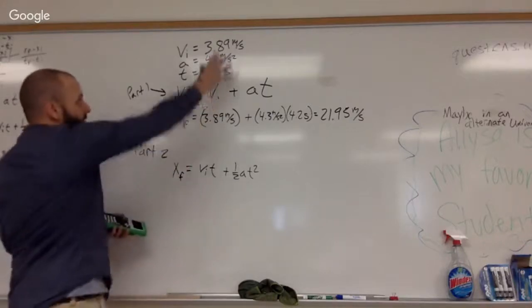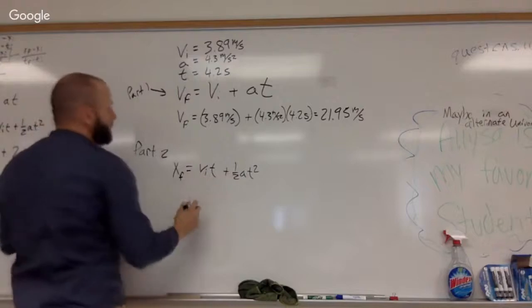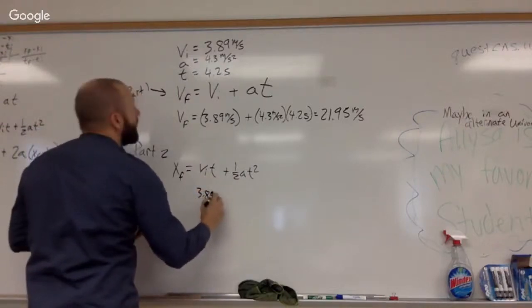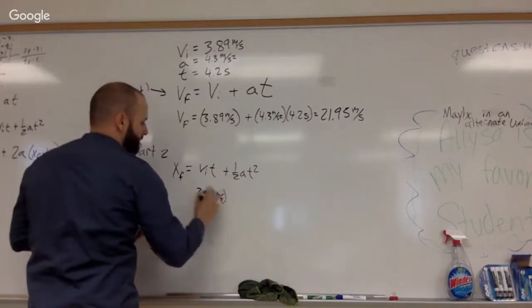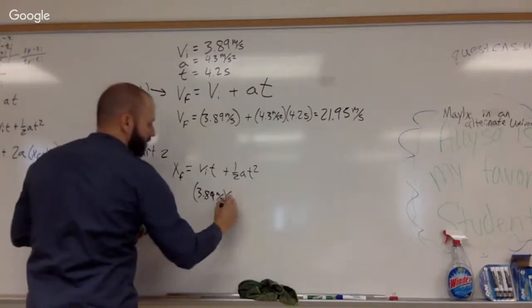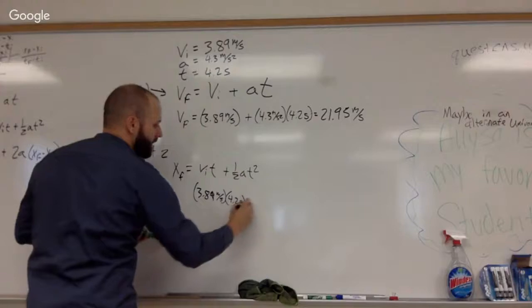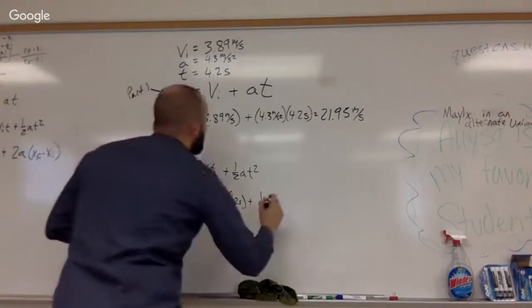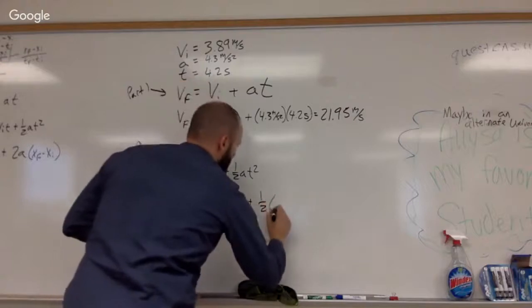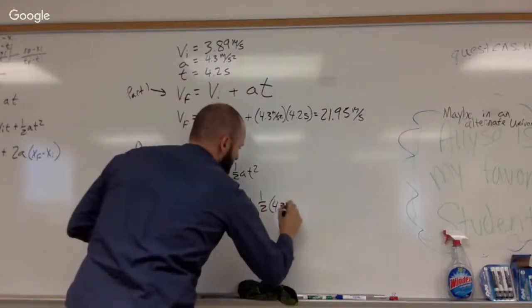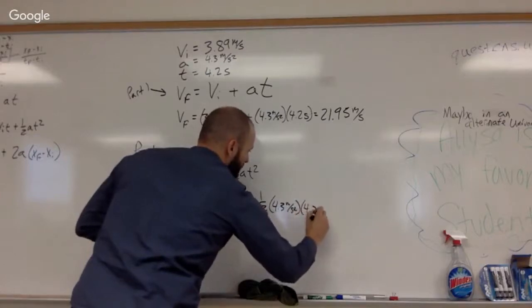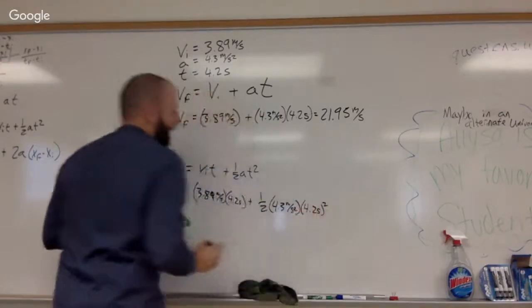Take the information that I have up here and plug it in here. I've got 3.89 meters per second times 4.2 seconds plus one half of 4.3 meters per second squared times 4.2 seconds, and we will square that.